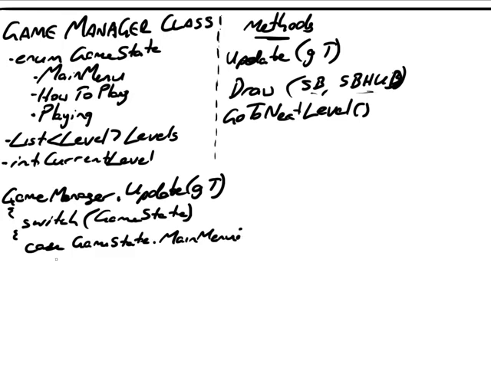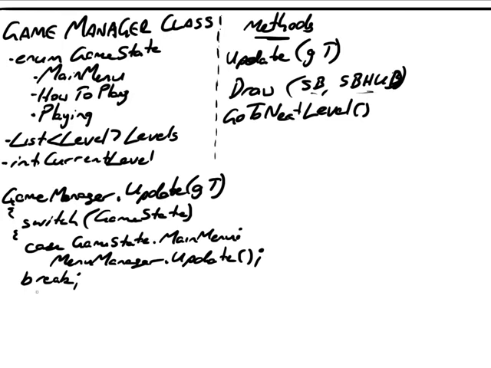And if I am, then I'm going to say MenuManager.Update. I'm not going to be giving the menu manager's update game time, because really we don't need it. Break. You can add it in there if you'd like for your game.